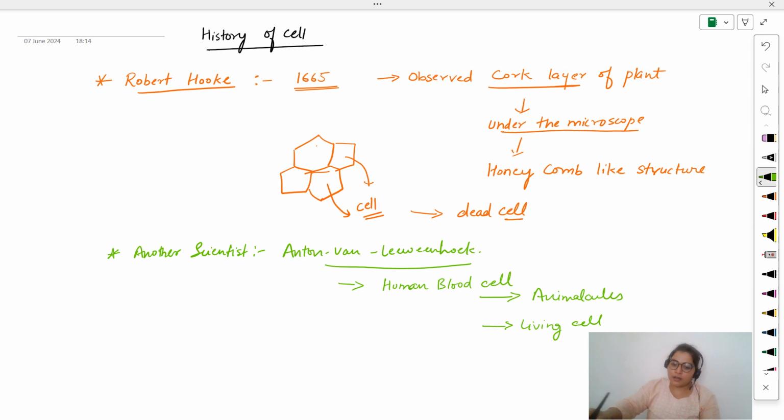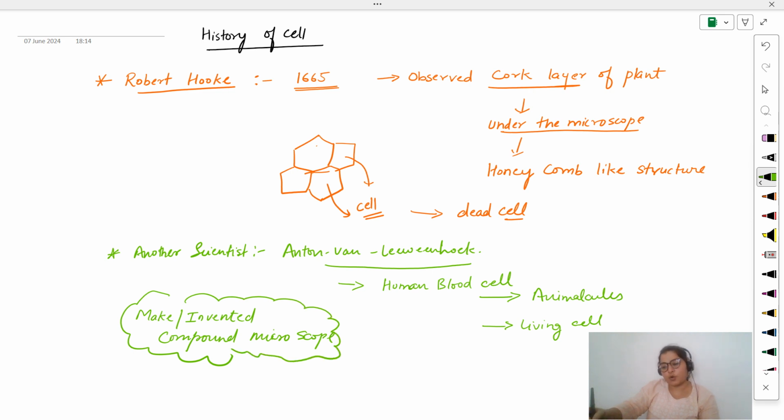Besides it, he also invented the compound microscope, which enables us these days to study every microscopic object.